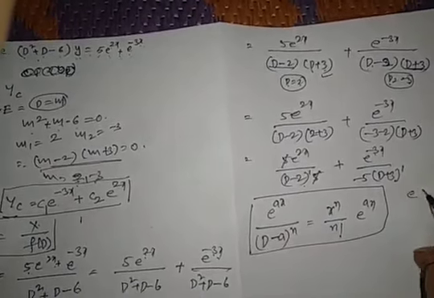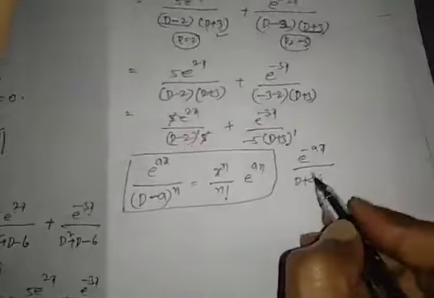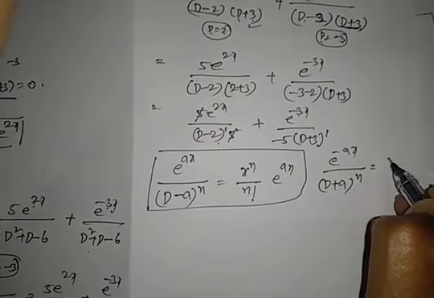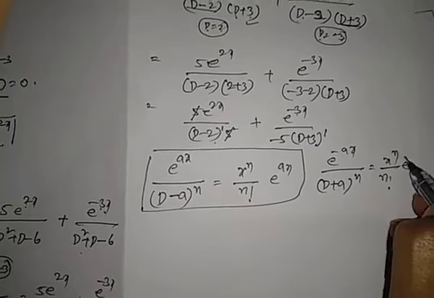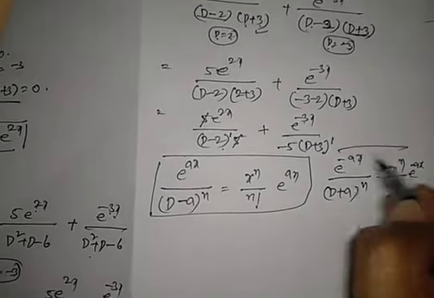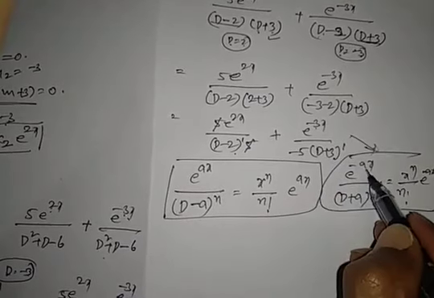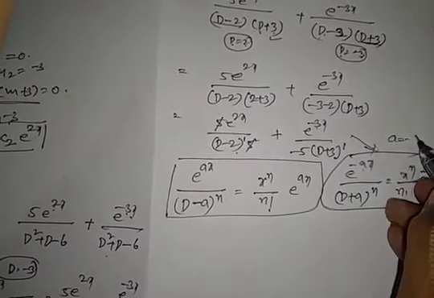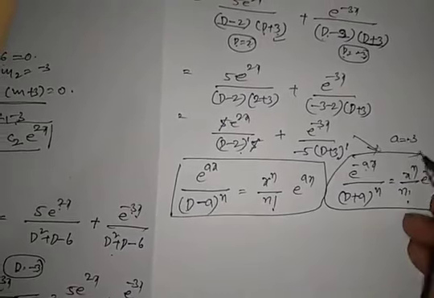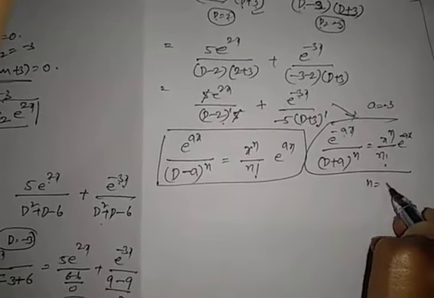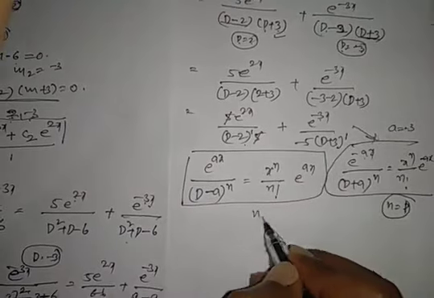And e to the power of minus ax by (D plus a) whole to the power of n is equal to x to the power of n by n factorial into e to the power of minus ax as it is. If we compare these two, here a is equal to 2 and a is equal to 3, and n is equal to 1 because the power value is 1. Here also n is equal to 1.